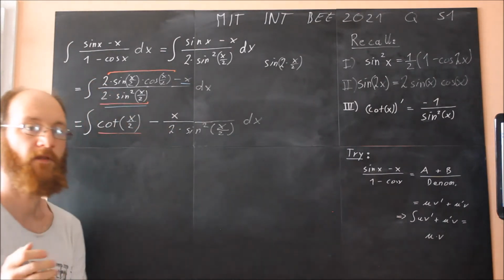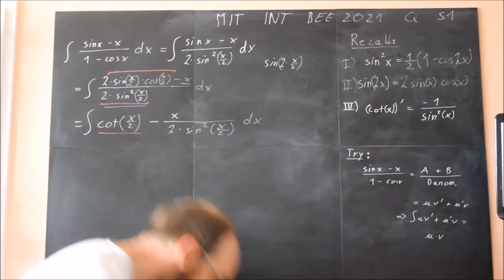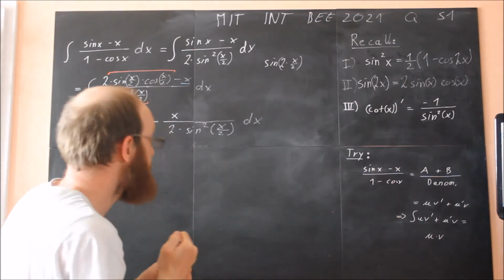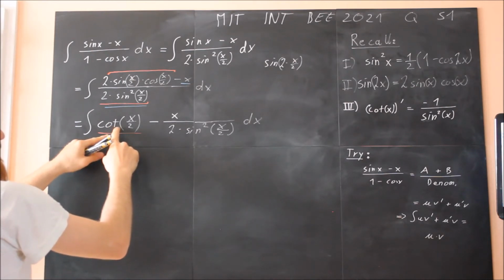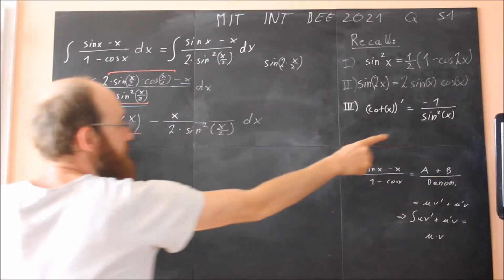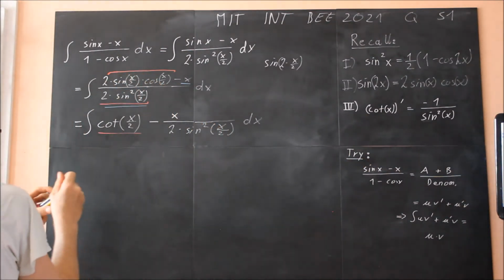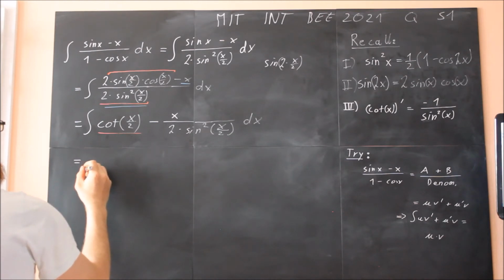Okay, nice. What we see is the nice relation between the derivative of the cotangent and 1 over sine squared. So let's rewrite the integral for the last time.